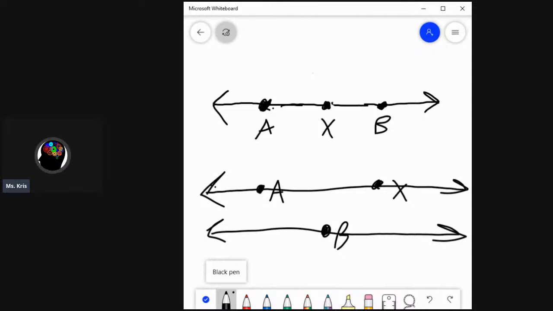And if you are able to connect all points on that line, that's what makes it collinear. But if you can only get some of the points, that means they're no longer collinear. They're non-collinear.